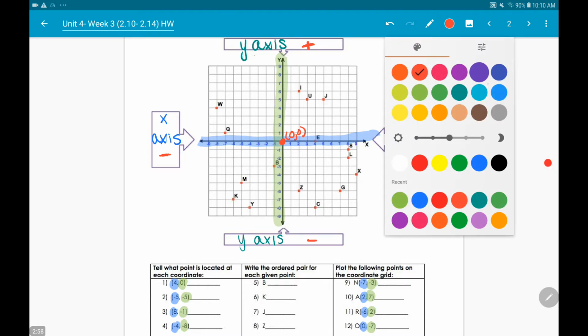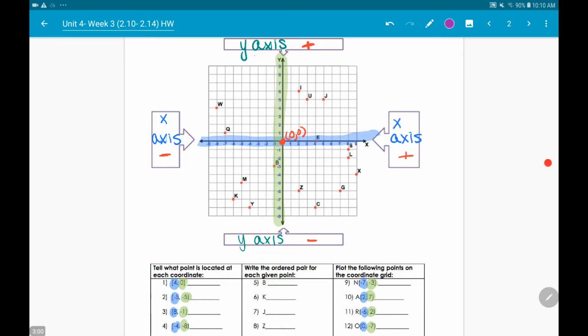Let's use purple. Okay, 4 is my x, so I find 4 on my x, that's here, and 0 on my y, so it stays. So that coordinate is E.